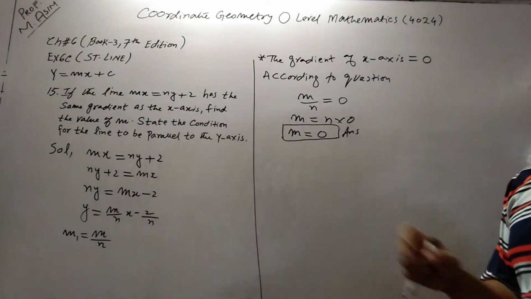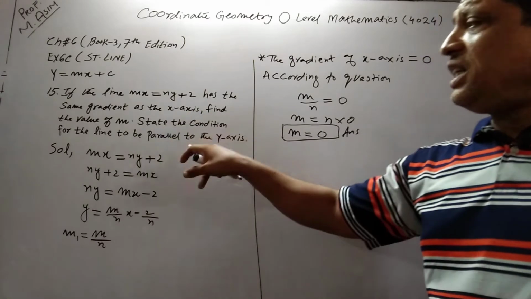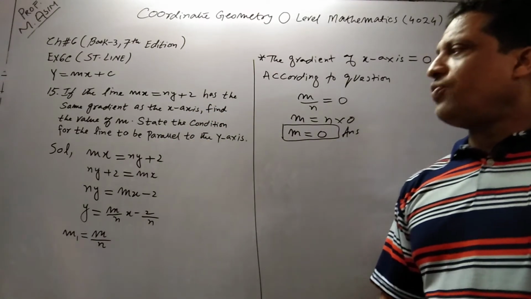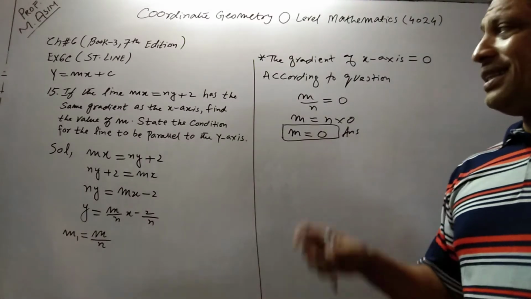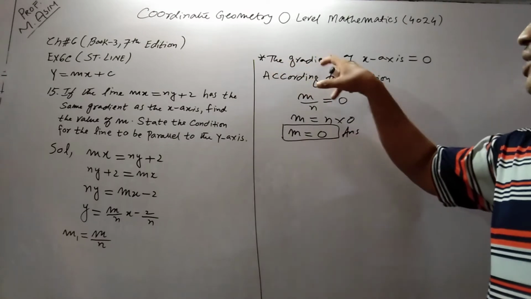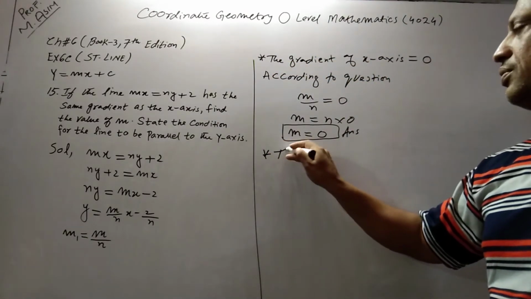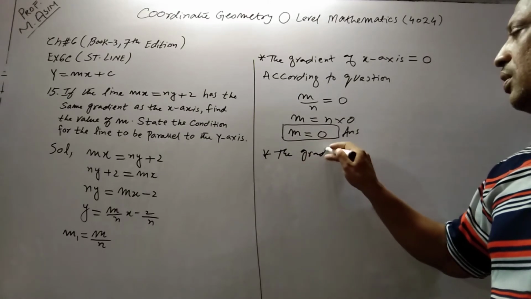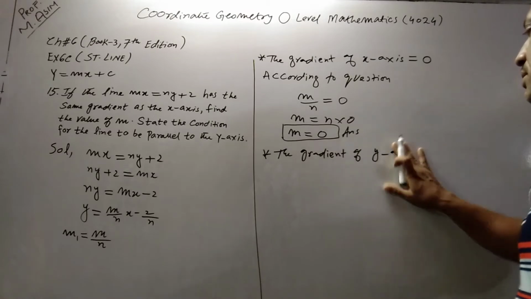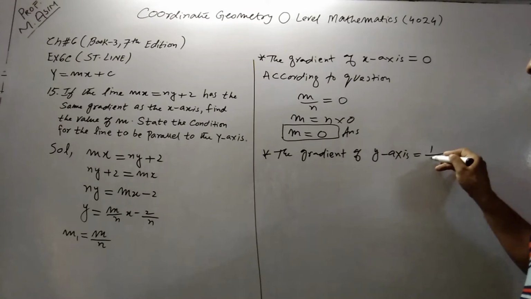Now come to the second part. The second part is, state the condition for the line to be parallel to the y-axis. So we need to find the gradient of the y-axis. Students, as I told you, the gradient of the x-axis is 0, and you must know the gradient of the y-axis is equal to 1 upon 0.